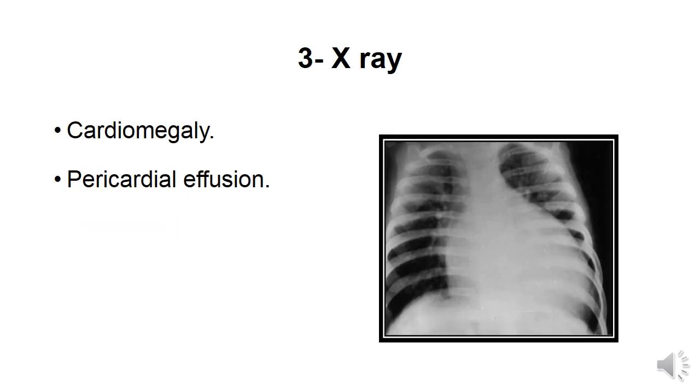Looking at the X-ray, there might be nothing in an acute attack without any previous cardiac involvement. But if there is a previous cardiac involvement with previous valve affection, there might be cardiomegaly, there might be pericardial effusion.